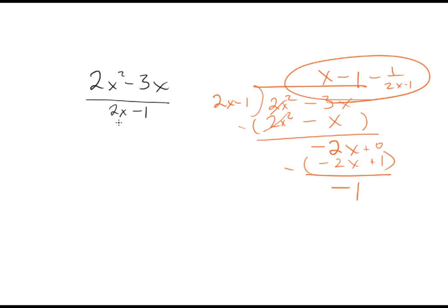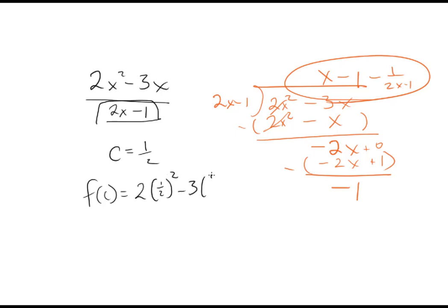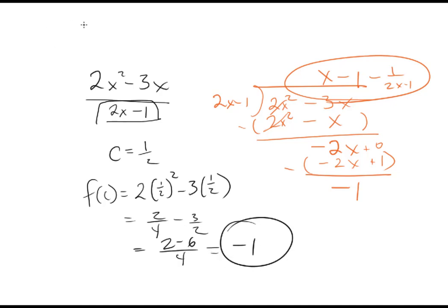So the remainder theorem says I would use here, c would essentially be 1/2, and I'll plug that into the function, which would then be 2 times 1/2 squared minus 3 times 1/2, and that equals 2/4 minus 3/2, which is essentially 2 minus 6 over 4, and that is negative 1. We have the right sign. Checks with my remainder over here. The answer is x minus 1 minus 1 over 2x minus 1.